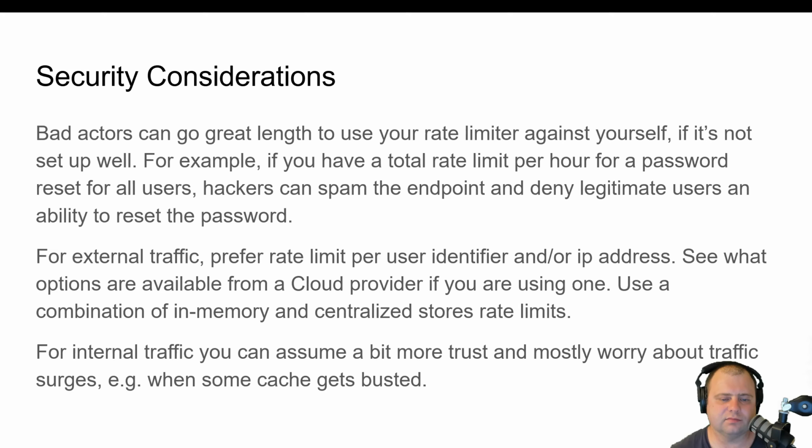For example, you may have some support cases opened if some users are hitting your rate limits all the time. You just need to be ready to apply rate limits, maybe remove rate limits or readjust them or add them in some cases, like if it's a new DDoS attack, for instance.